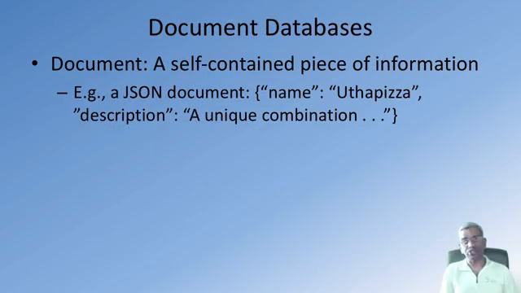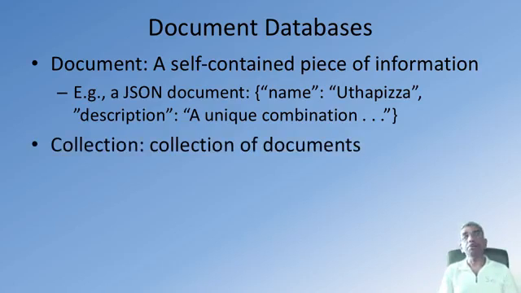Document databases, as the name implies, are built around documents. A document is a self-contained unit of information and can be in many different formats, JSON being one of the most popular formats for storing documents in a document database. As an example, a JSON document is shown here, and this would be something that would be stored in a typical document database.